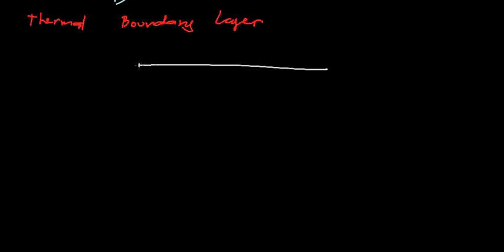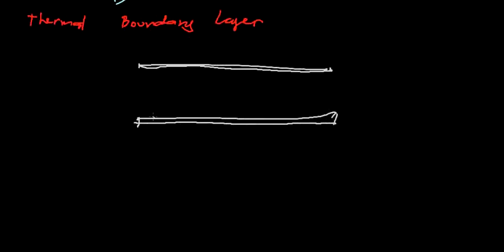Okay, so let's now move on to the thermal boundary layer. Again, let's first draw our pipe so that we can have our pipe condition of internal flow.